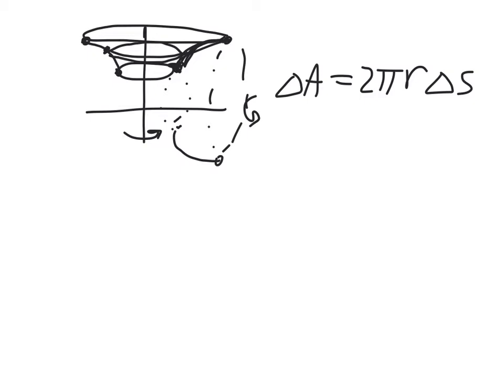Length would be, well, the radius, or not the radius, the circumference of that circle. And the width, well, the width can still be represented as delta S.